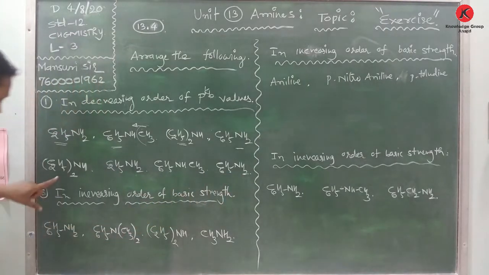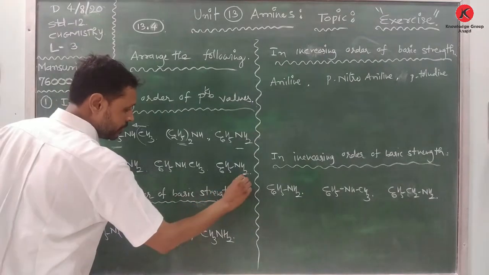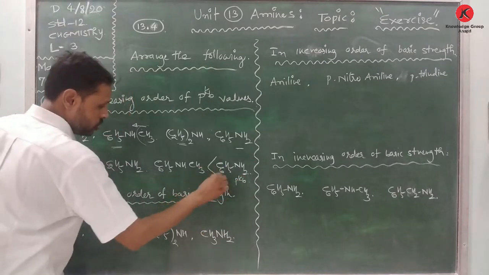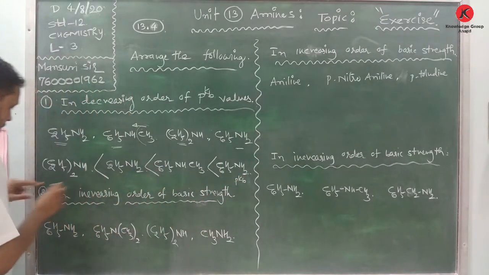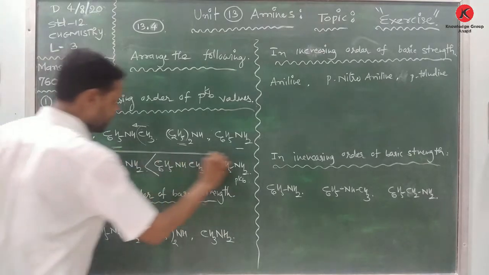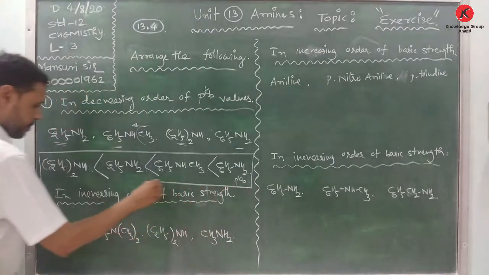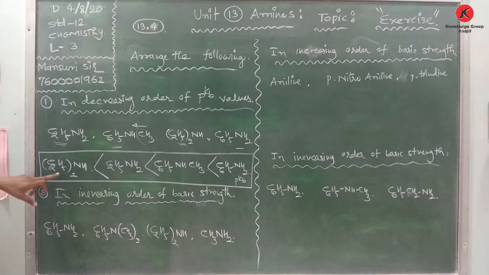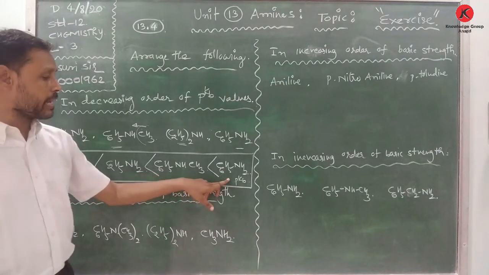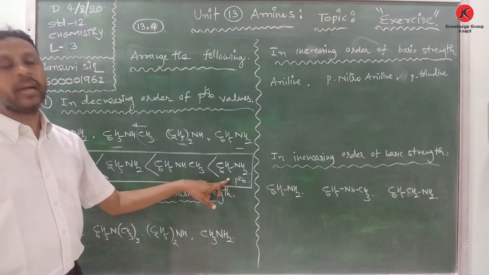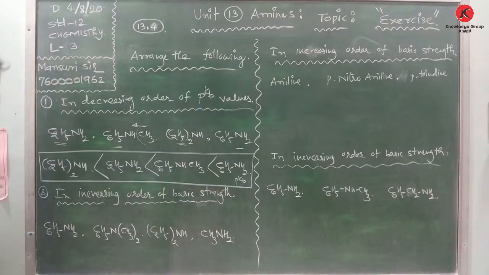So here the pKb value will be very low, and here the pKb value will be more. So we can put a less than sign between them. Here the pKb value will be very low, and here the pKb value of aniline will be very high.